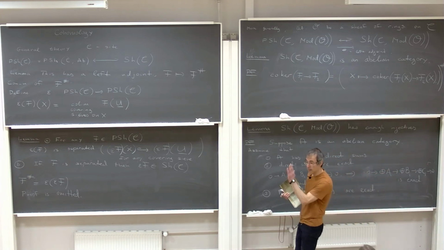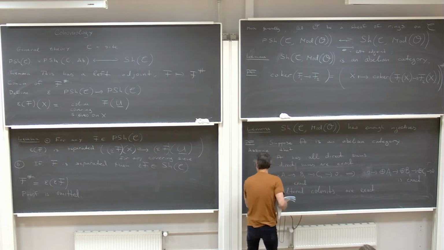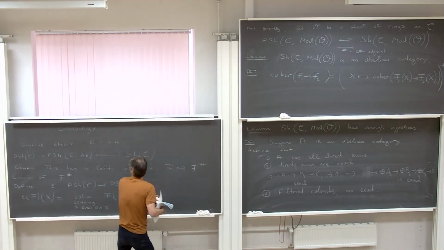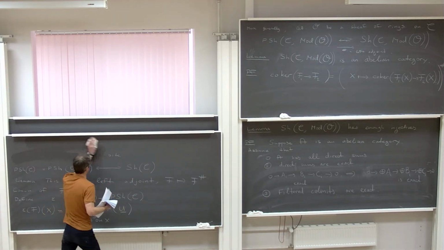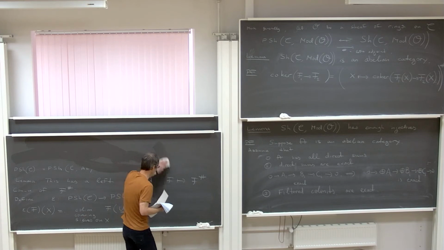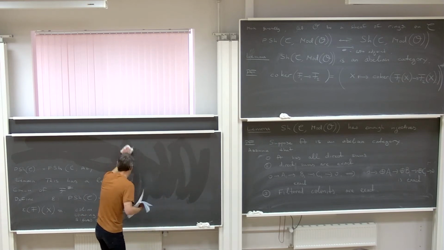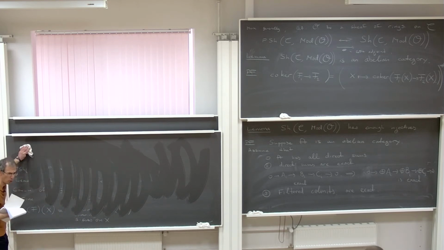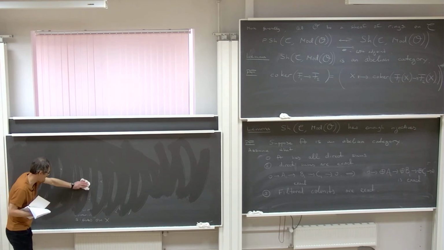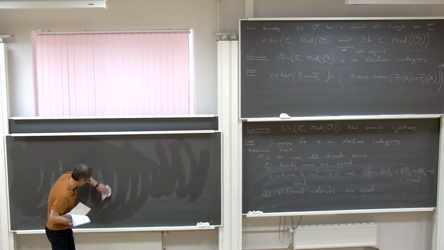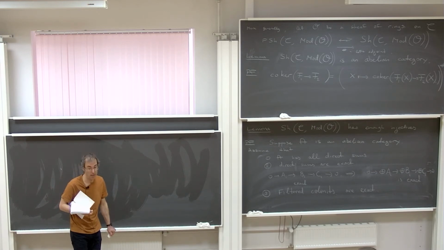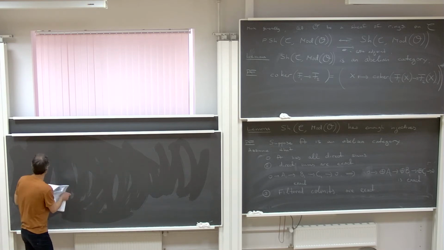Okay, so what is a filtered category? A directed category is a partially ordered set with a certain property: for any two objects, you have a larger object. Filtered is the same, but you can have multiple arrows.